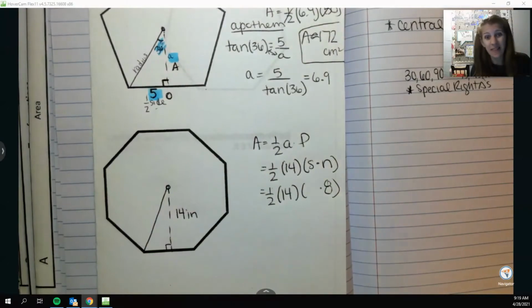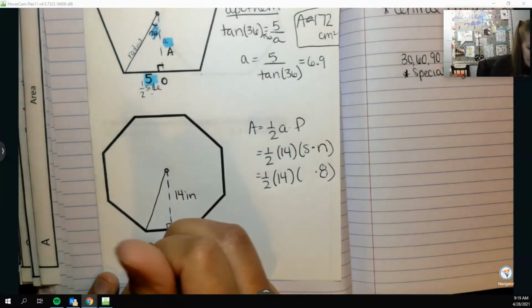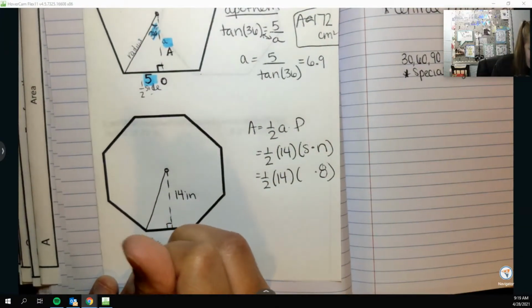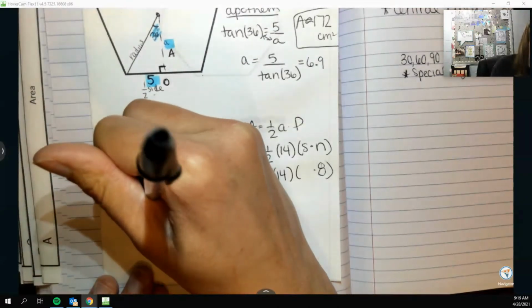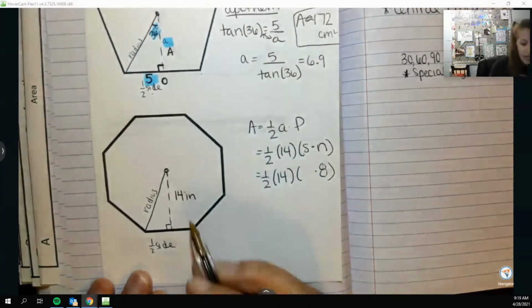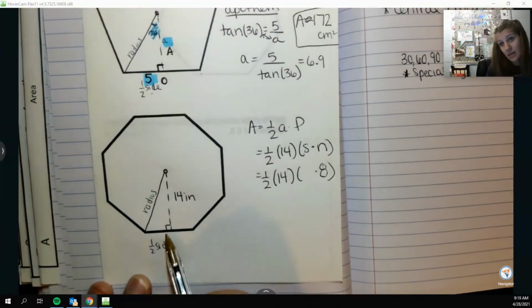But I'm going to need to find that side length, which if you remember, this is my half side right here. This is my radius. And if I'm looking at just the little right triangle right there, unfortunately, I can't do the Pythagorean theorem. You're just always going to have to find that central angle and see if you got to use trig or not.